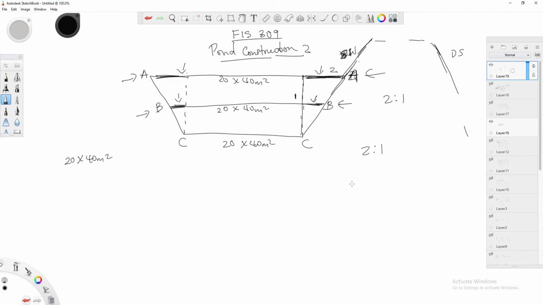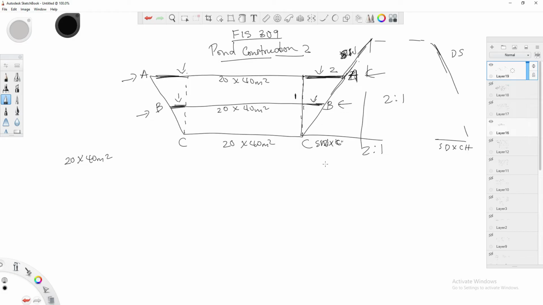So it means, just like the way we had it in the dike, that this place will be 2 times the construction height, isn't it? This one will be the wet slope times construction height. This will be dry slope times construction height, remember.